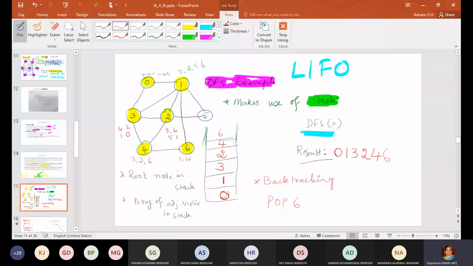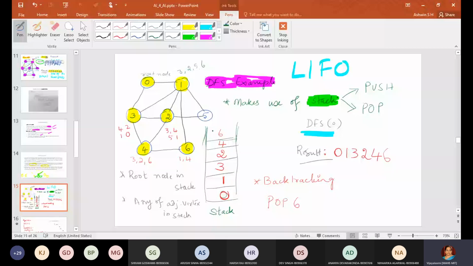You know that whenever I am using stack operations, you have studied this. Push and pop operations you have used. So we have been pushing: push 0, push. This is the stack. Now when I do backtracking, I have to pop. First in, last out.